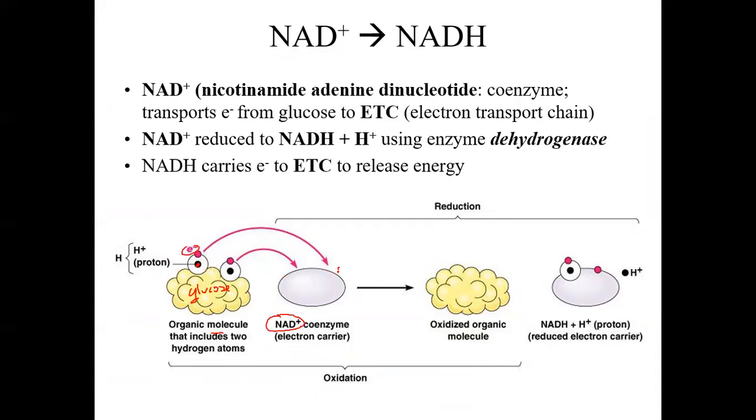Now what you need to understand here is that NAD plus is a coenzyme. It's going to be carrying electrons. It has a positive charge just naturally. When it's in its oxidized state, it has an overall positive charge. Let's say an electron was transferred over; this negative charge and this positive charge would essentially cancel each other out.